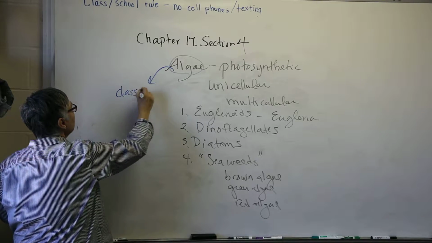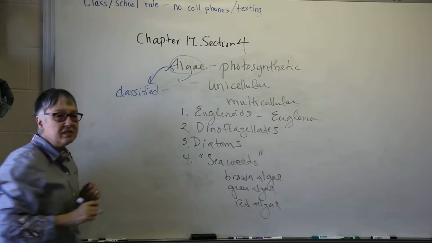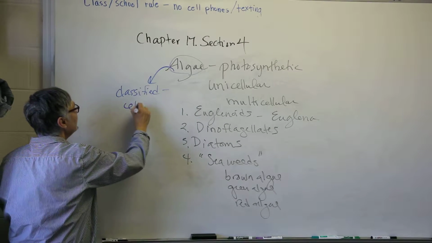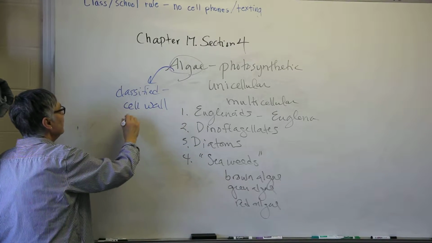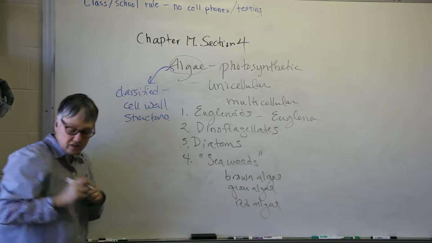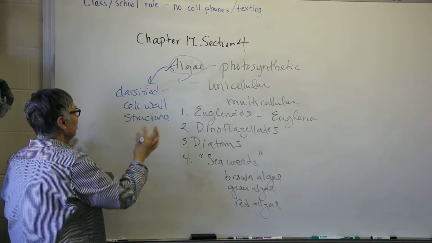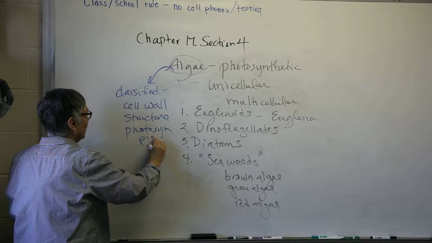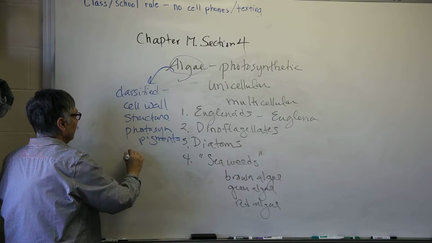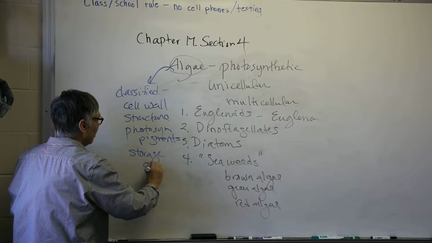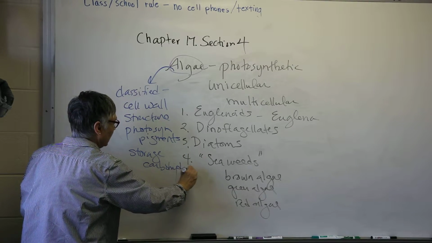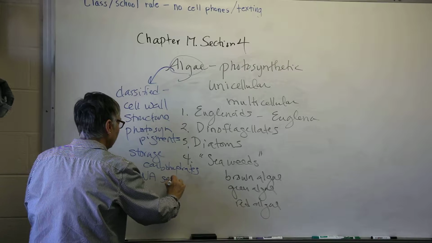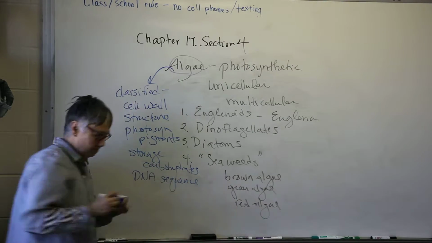So they're classified by the type of cell wall, the structure of the entire organism, the types of photosynthetic pigments, the different types of storage carbohydrates, and more recently, the DNA sequence of the genome.